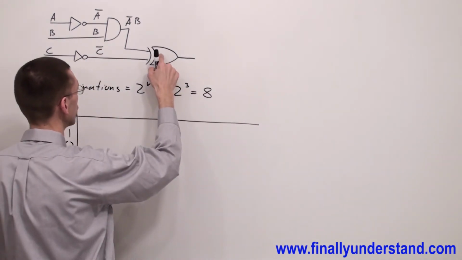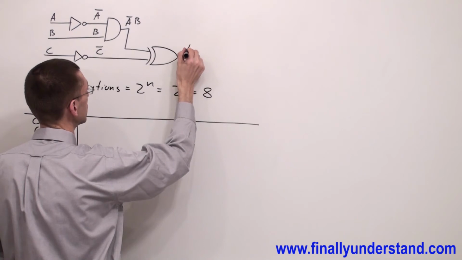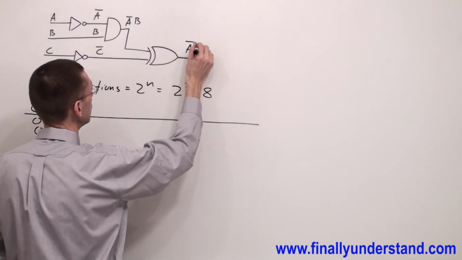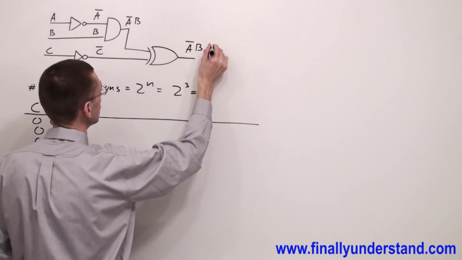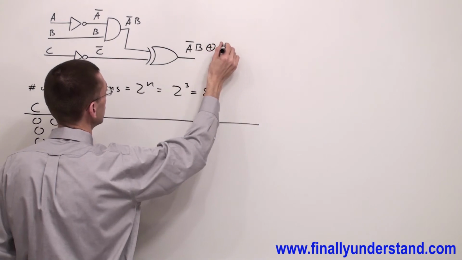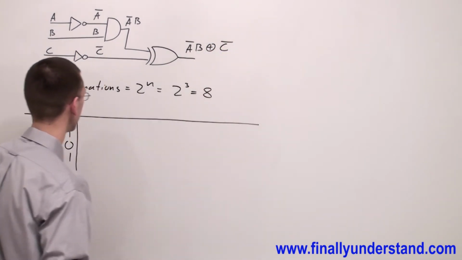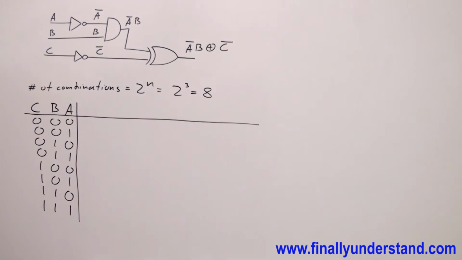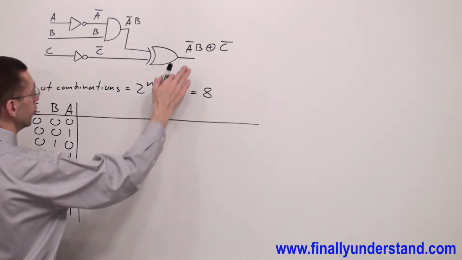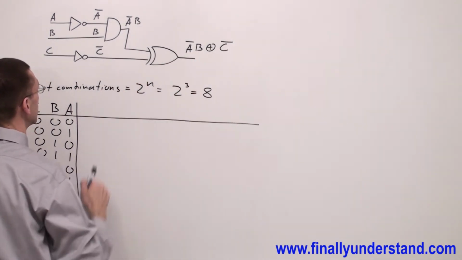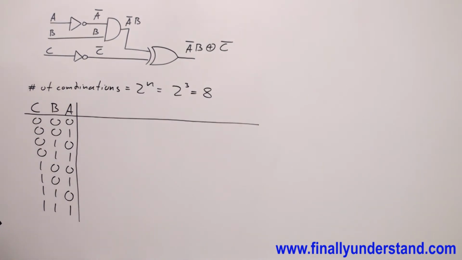And I have exclusive OR. This is A naught B exclusive OR C naught. This is my Boolean expression for this circuit.